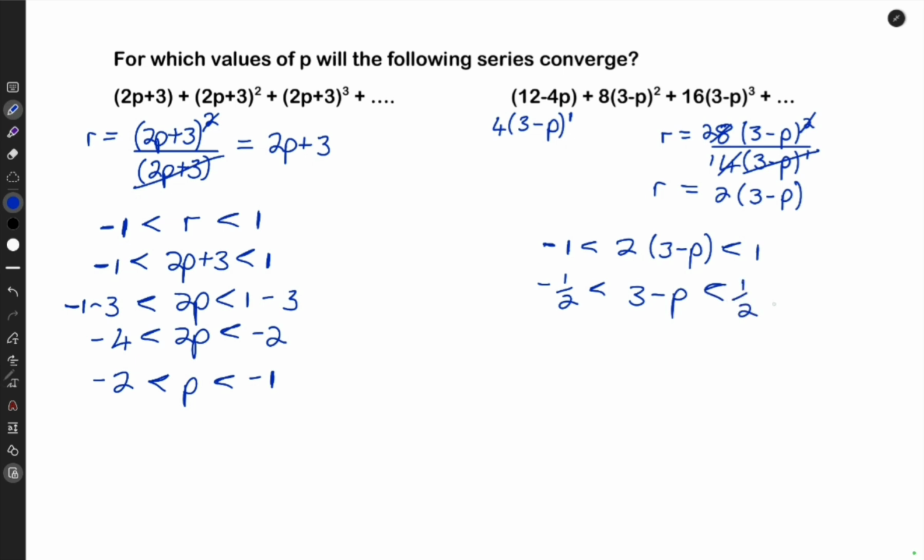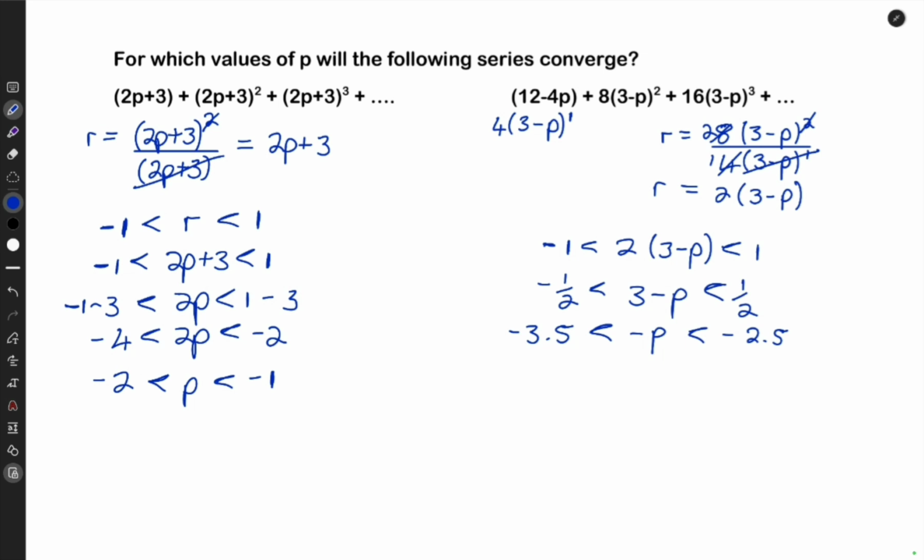Now I need to subtract the 3 again, so this is going to be minus 3.5, minus P, and then minus 2.5. Now, if you work in fractions or decimals, it really doesn't matter, as long as you are comfortable with the format you choose. So technically I'm done, but I actually want P alone, so I can't leave my answer like that. It's not a nice answer.